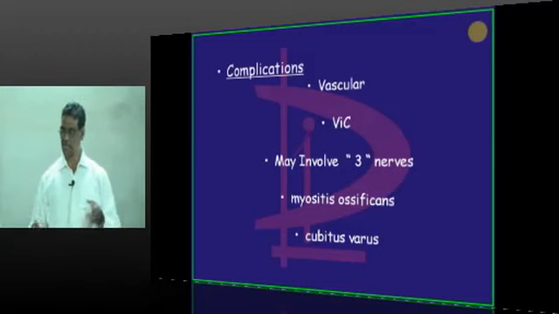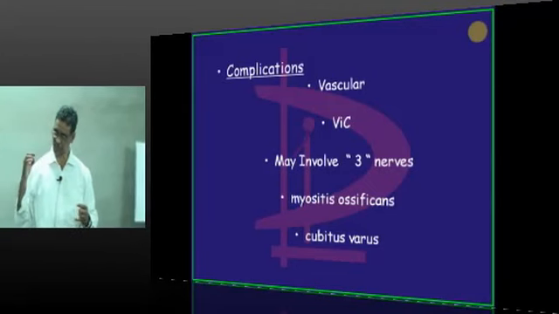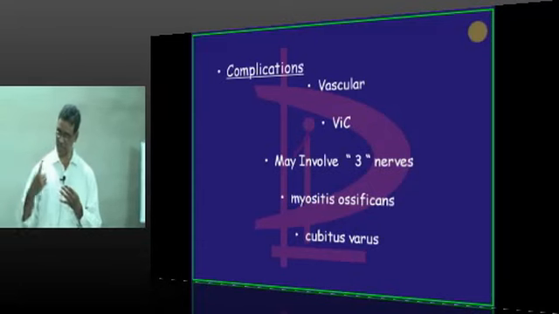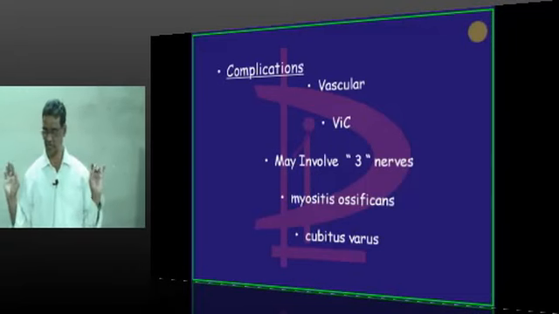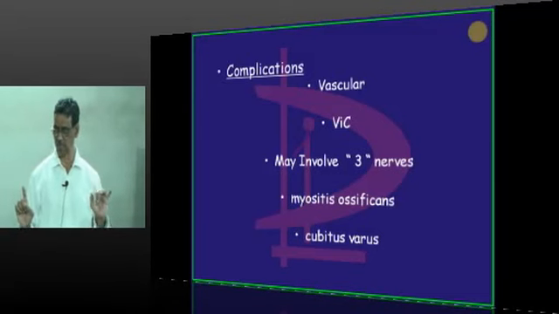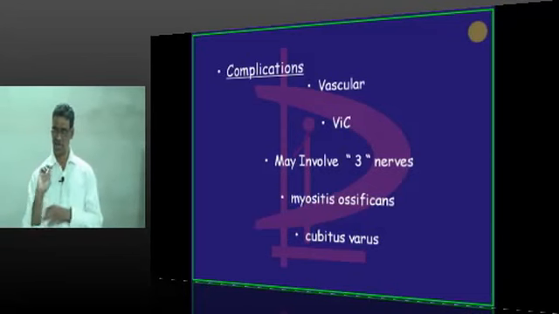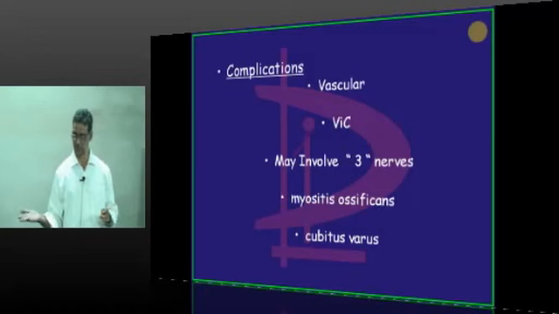The third condition: if the collateral circulations are not sufficient even for exercise, not sufficient for rest, but it is supplying a little bit of nourishment, not to have a complete deleterious effect, then the muscles go into ischemia, and all the muscles and nerves will go into contractures, into fibrous tissue.